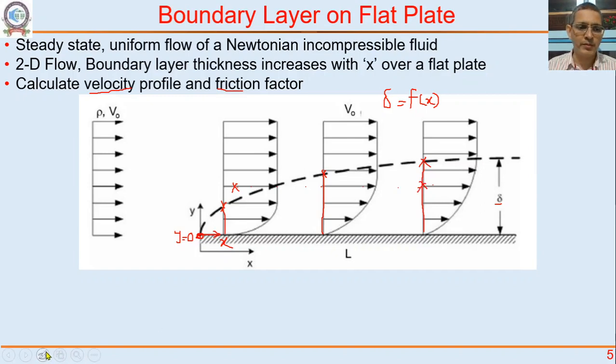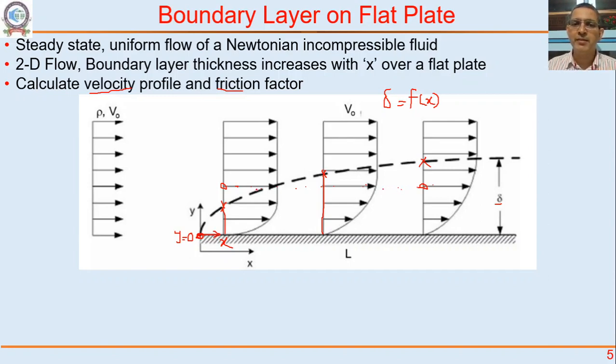Let's take 2 points. Let's say a point here, and at the same y, because we want del vx by del x, same value of y, so same horizontal level, I take another point which has a different value of x.